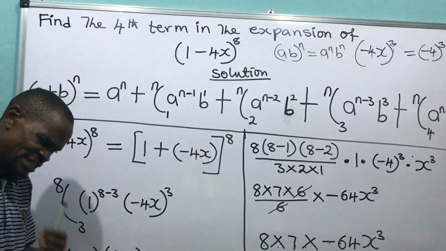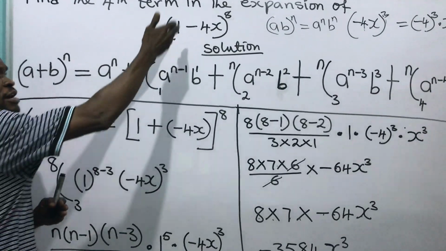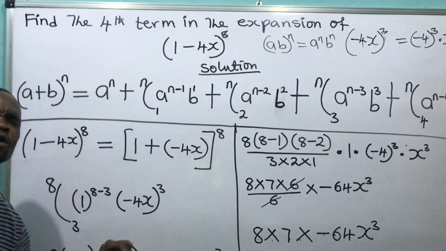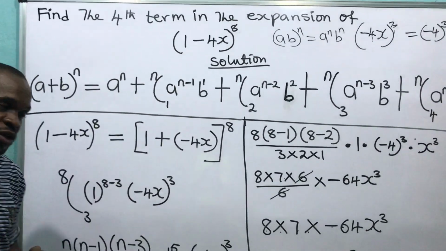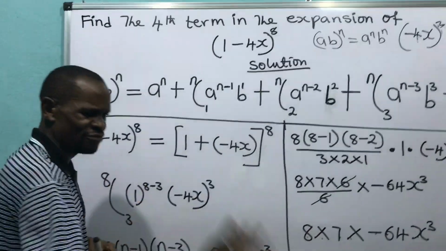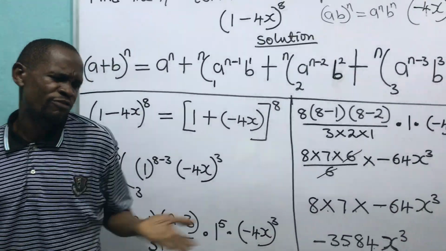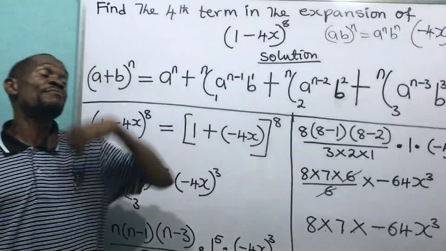When they say I should get the 5th term, they are asking us to find the 5th term of this expansion. The 5th term of this expansion means that I'm going to choose 4. When I'm choosing 4 plus this one, that will give me the 5th term. If they ask me to get the 7th term, that means I'm going to choose 6. After I choose 6, plus this one will give me the 7th term.